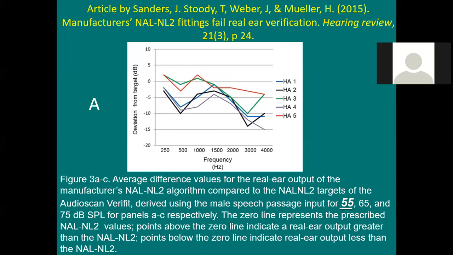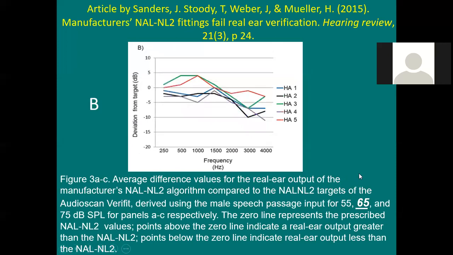You can see that almost never were they more than NAL2. The manufacturer's version of NAL2 almost always gave less than the original unbastardized NAL2 found on the Real Ear equipment. That's the point here, okay? And that's all for 55 decibel inputs. Let's look at 65.